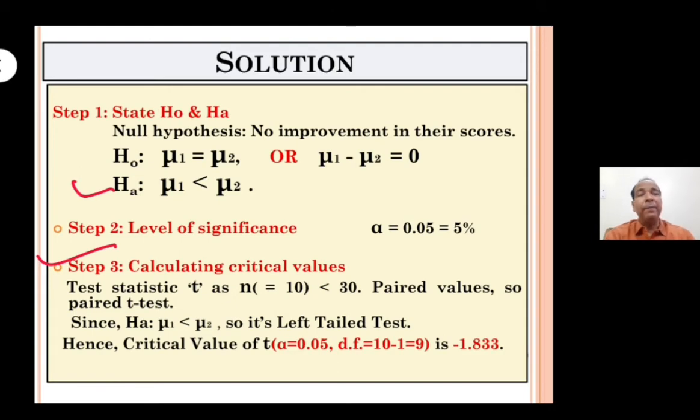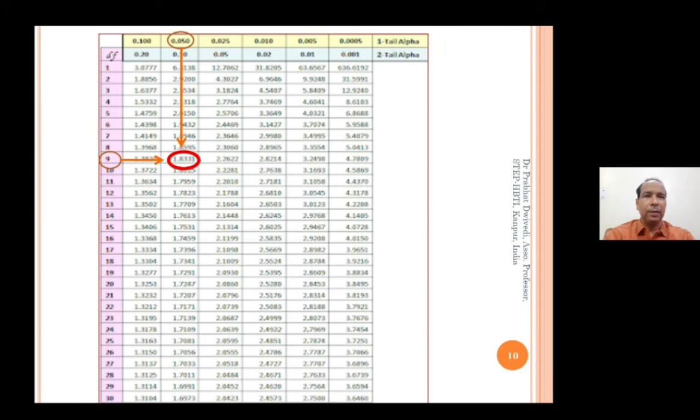And when we find out the critical value for level of significance 5% and degree of freedom n minus 1, that is 10 minus 1, 9, this value comes out minus 1.83, that we can check here in this graph.